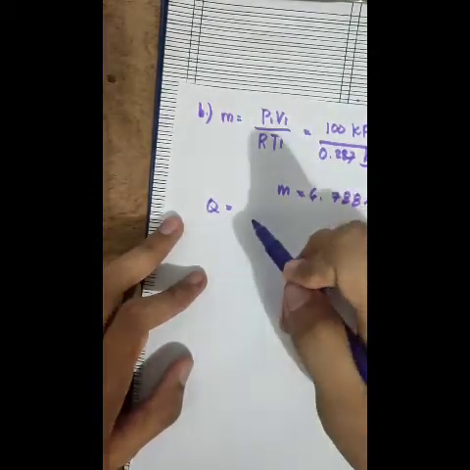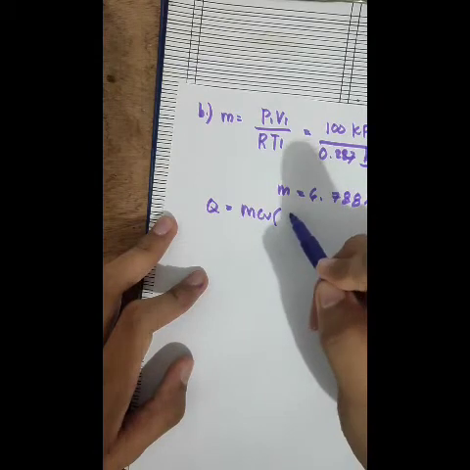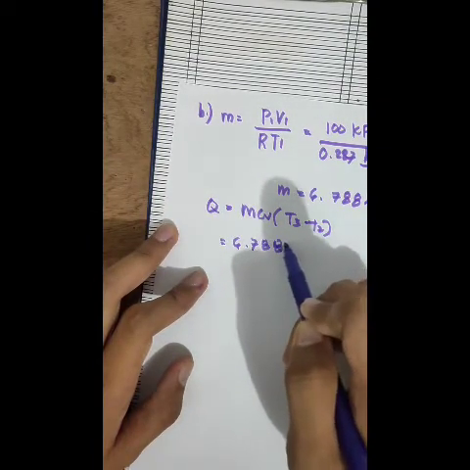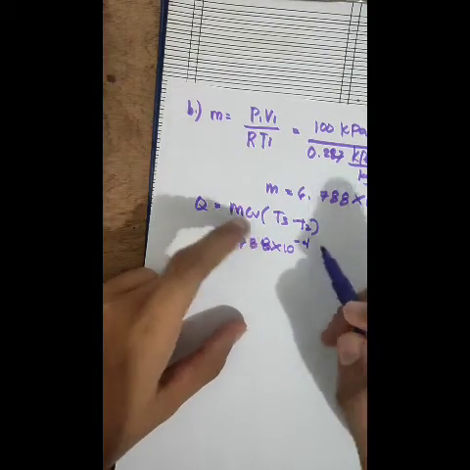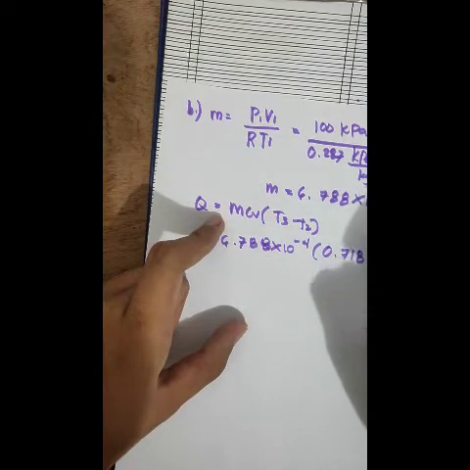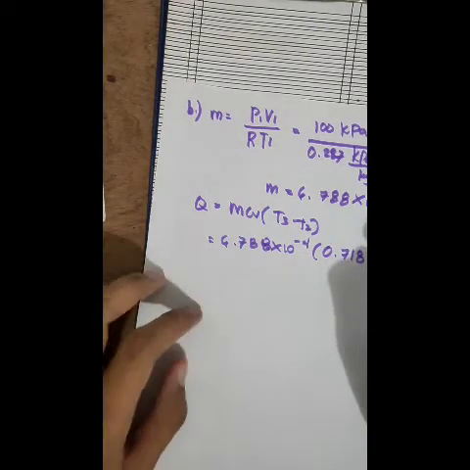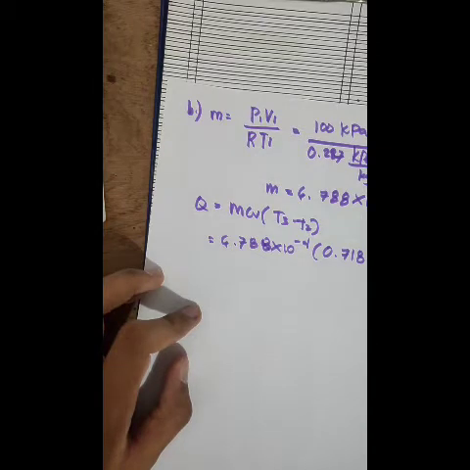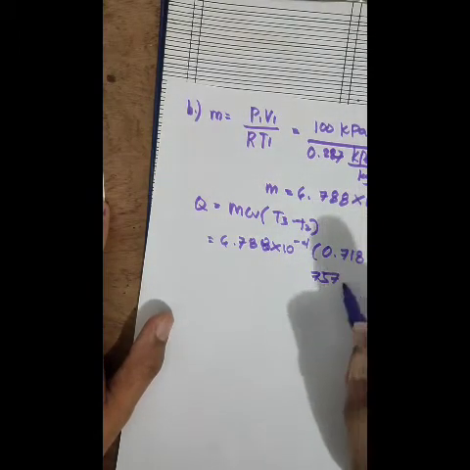So for finding the heat, we will use this formula. Q is equal to mCv times T3 minus T2. So mass is equal to 6.788 times 10 raised to negative 4 multiplied by the Cv, which is equal to 0.718, and then multiplied by T3, which is 1968.6995 minus T2, which is 757.9.